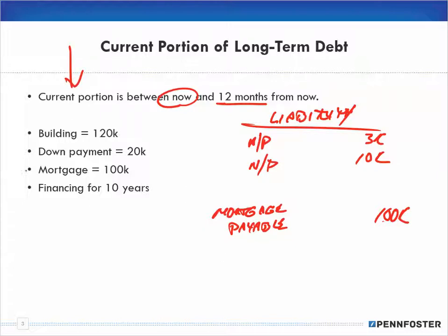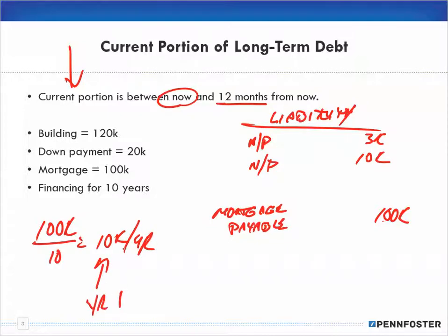So if I have this mortgage payable for $100,000, and I'm financing it for 10 years, that means it's $10,000 per year. So in year one, $10,000 is owed. Now remember, the current portion is between now and the next 12 months.